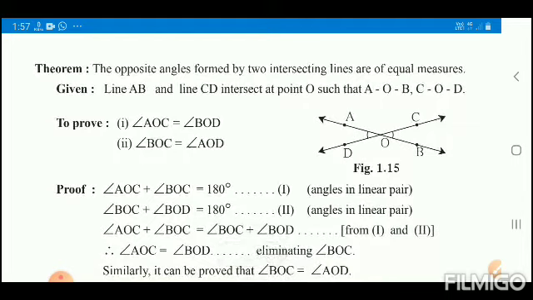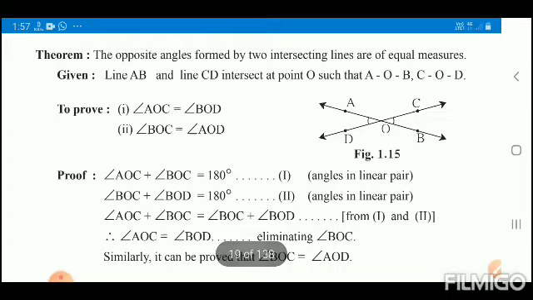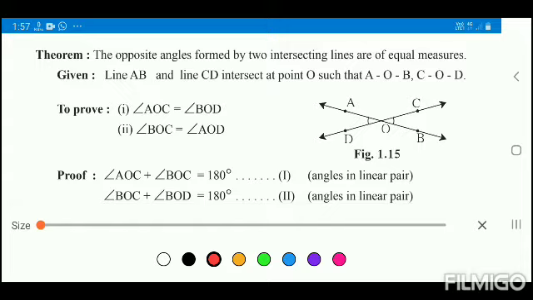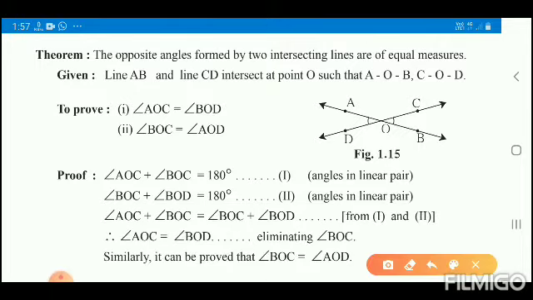First of all, I will read the statement of the theorem: the opposite angles formed by two intersecting lines are of equal measure. Now look, what is the given part here? You may think that there is no if and then here. Then what to do? Look here. What is given? The opposite angles formed by two intersecting lines.